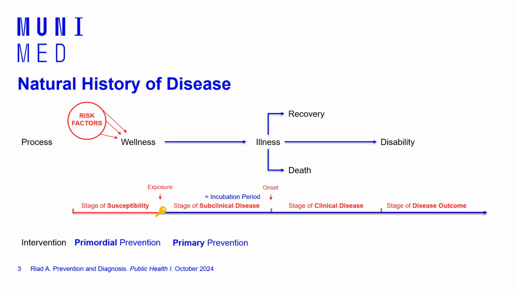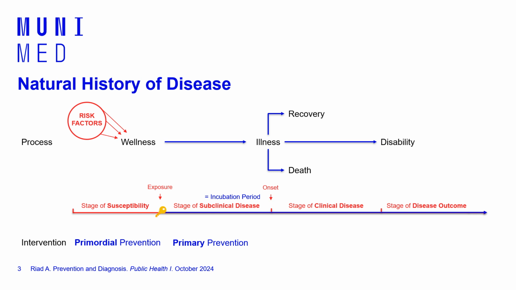Then the second stage, the stage of subclinical disease, we can prevent or stop if we apply primary prevention. Primary prevention is the stage when we focus on humans, and here we try to protect humans from the risk factors. We know that risk factors are already established in the society, the community or the environment, and that's why we try to make people protected or immunized against these risk factors.